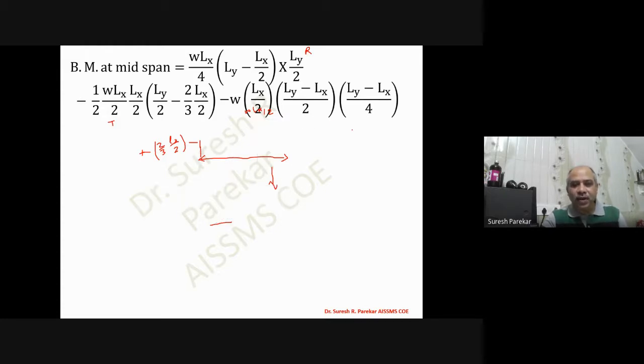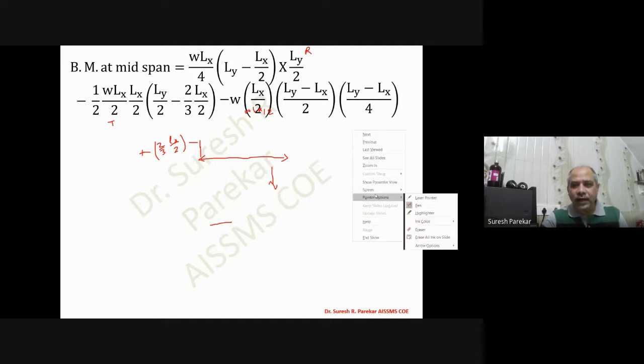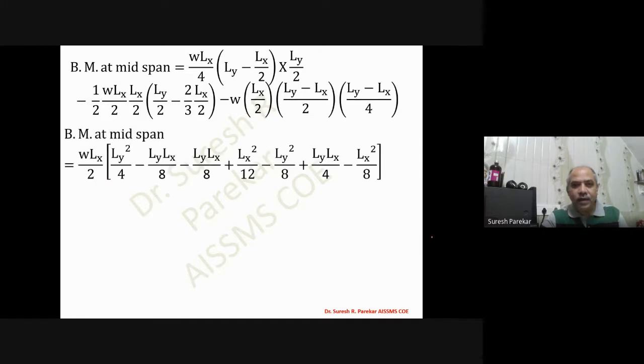If we solve this, we are going to get this value. We have simplified by taking WLx by 2 common from all, and from this we get this simplification. Then, simplifying again, we get bending moment at mid span as WLx by 2 into Ly square by 8 minus Lx square by 8.